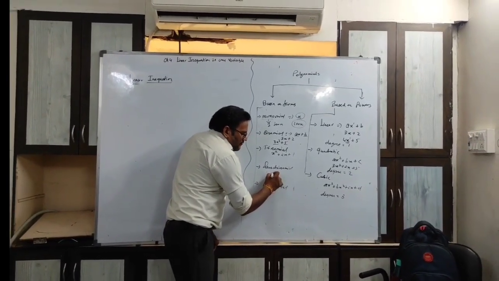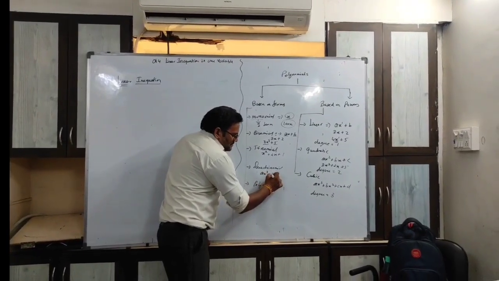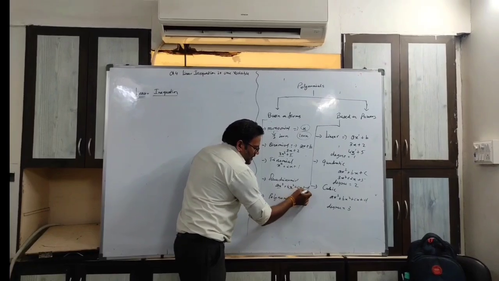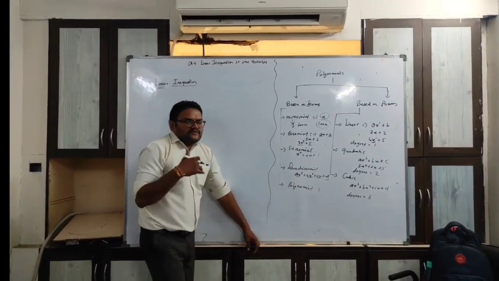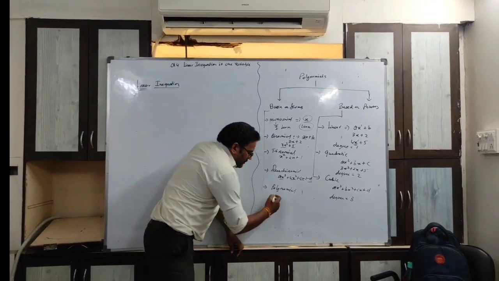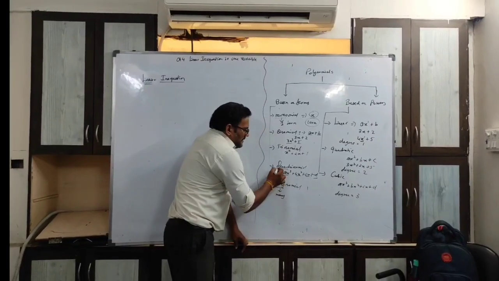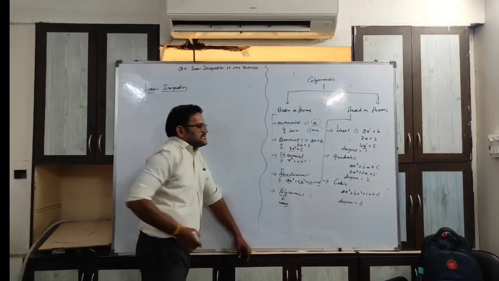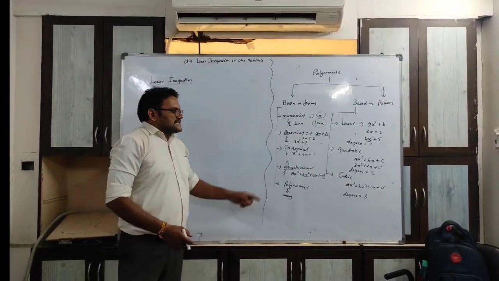Quadrinomial, we will have four terms, that is ax cube plus bx square plus cx plus d. 1, 2, 3 and 4 terms we have. And in polynomials we will have more than 4 terms, which will be referred to as a polynomial. Poly means many. Quad means 4 terms. Tri means 3 terms. Bi means 2 terms. In this way, based on terms, we classify the polynomials into these sections.